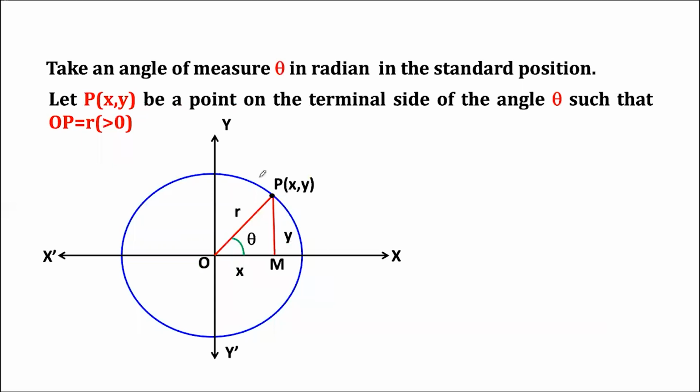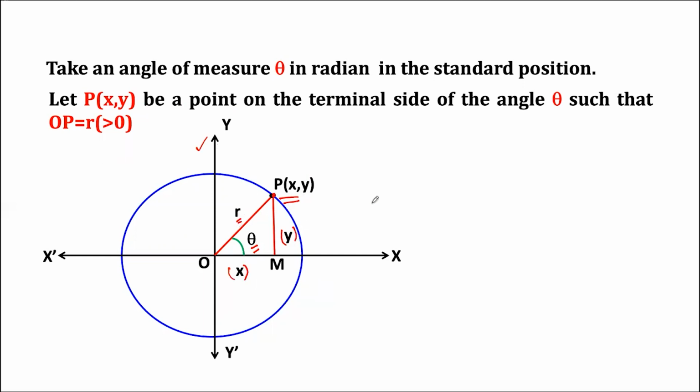Since if this is a circle, in this circle, the measurement of angle we are taking as theta, and this is the x-axis and this is the y-axis. So if any point we have chosen is P, x comma y, then this length is y, this length is x, and let r be the radius of this, right?